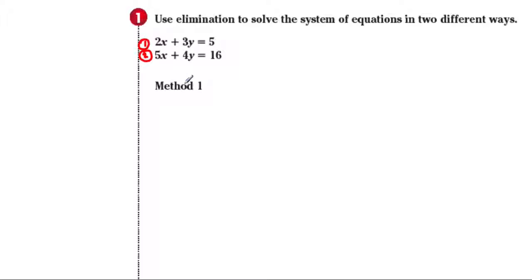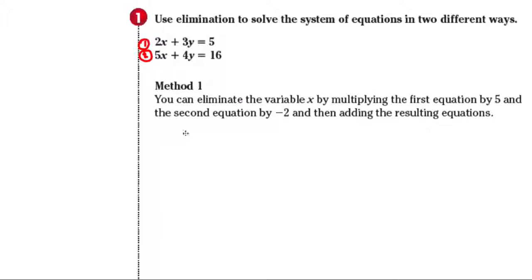Okay, so method 1 is this. You can eliminate the variable x by multiplying the first equation by 5 and the second equation by -2, and then adding the resulting equations. If I do that, 2x plus 3y multiplied by 5 gives 10x plus 15y equals 25.